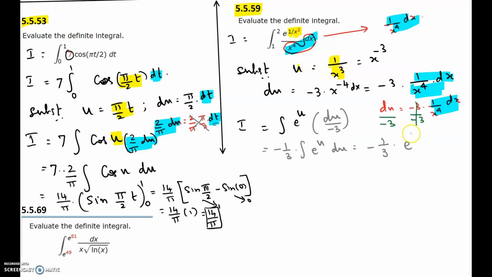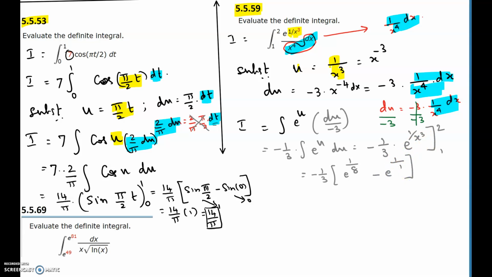Now going back to the original variable, it is e to the 1 over x cube. But this has to be evaluated between the limits 1 and 2. So it is negative 1/3 times e to the exponent 1 over 2 cubed, which is 8, plugging in the upper limit, minus e to the exponent 1 over 1 cubed, simply e to the 1.